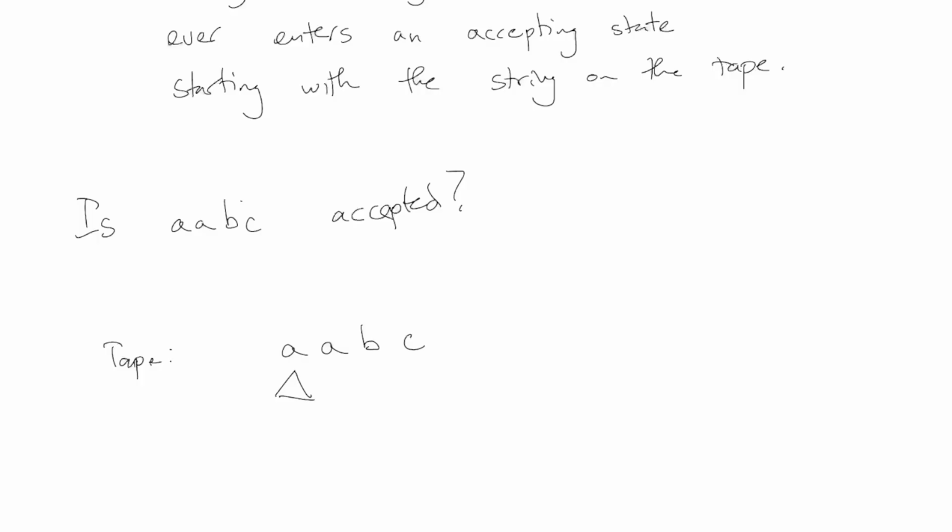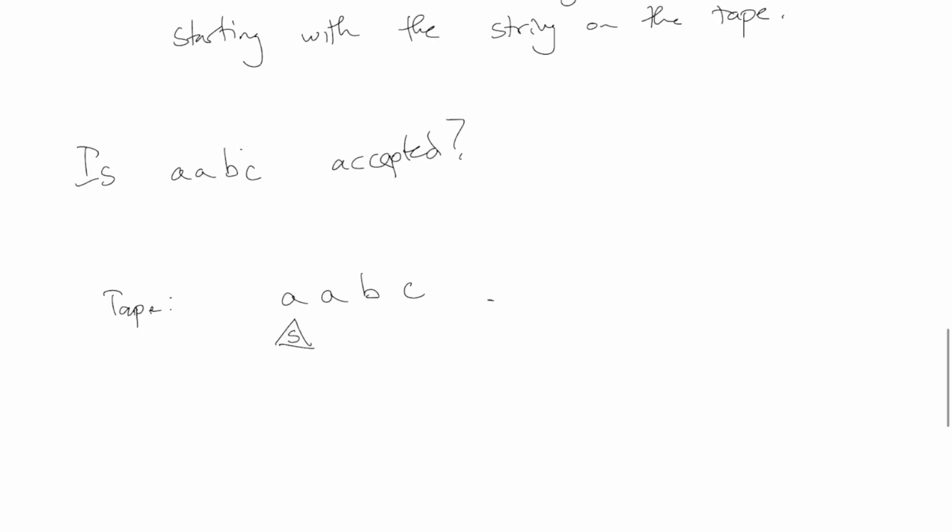I'm going to put a little S there to indicate that the head is now pointing at the first A, and we begin in state S on the diagram. So when you're doing the Turing machine computation, you have to be looking at the diagram and also keeping track of what happens on the tape. All right? So that's the first step.